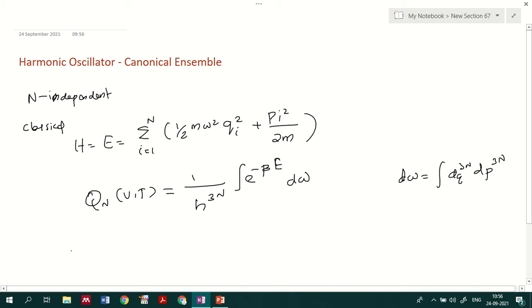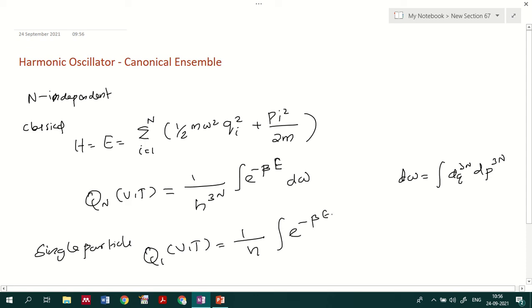Okay, now if you have a single particle, then the degree of freedom will be treated as h raised to 1, so that Q1(V,T) will be equal to 1 by h integral e raised to minus beta E dq dp for the single particle case.